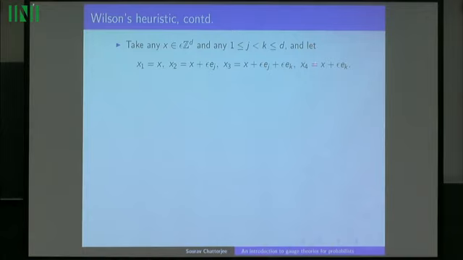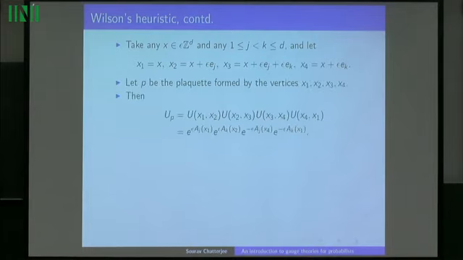So you go like this. Let P be the plaquette formed by these vertices. Now let UP be the product of these matrices: e to the epsilon aj of x1 because it's going in direction j, then ak of x2 because it's going up in direction k, then minus aj of x4 because it is going back in direction j, and then going down in direction k.